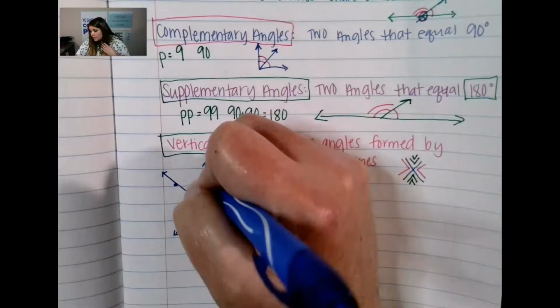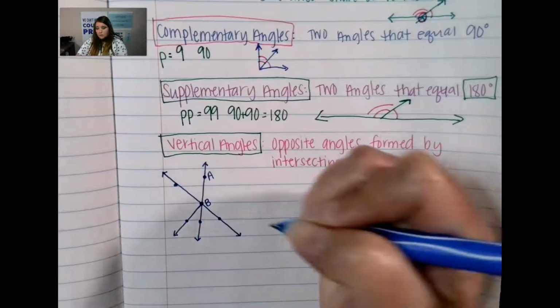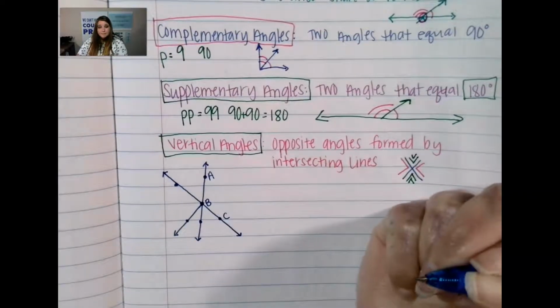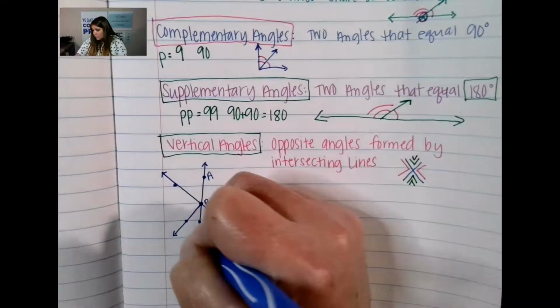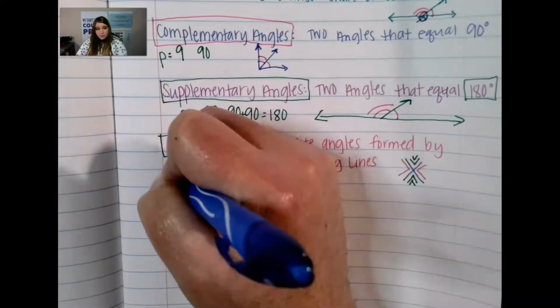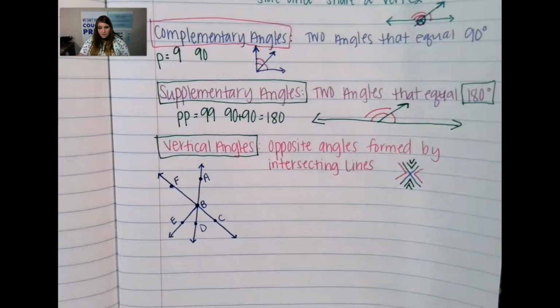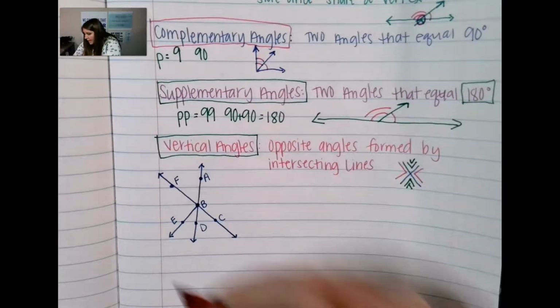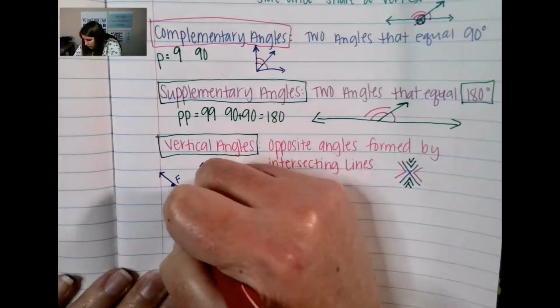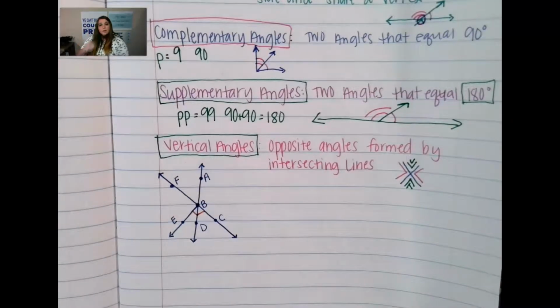So this dot is A, and this one right here is B. This one is C, and this one is D. This one over here is E. This one is F. And one last thing on here is that there is a red box right here.